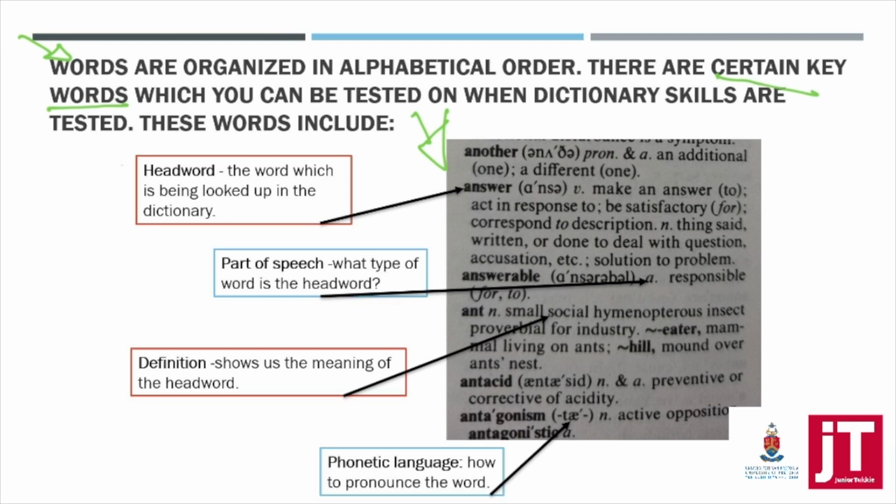When it comes to the test, they're only going to give you one extract, so you won't have to wonder which word they are testing you on, don't worry. But essentially, the part of speech often comes straight after the head word, and so it's these sort of words here which indicate the part of speech.